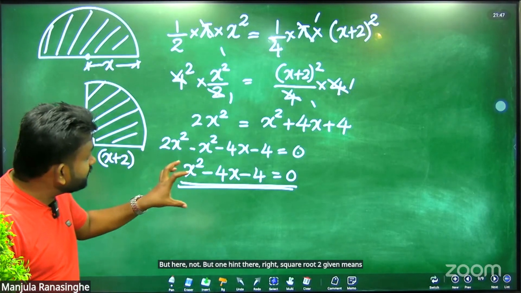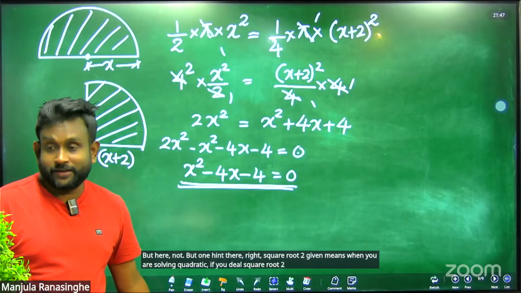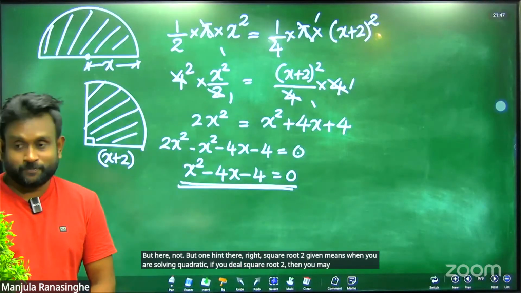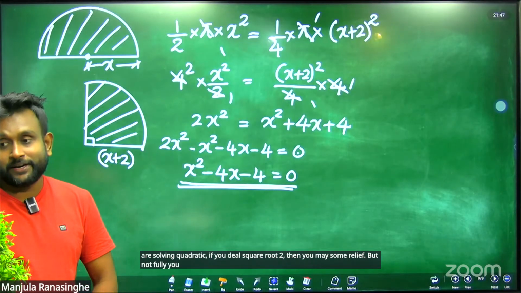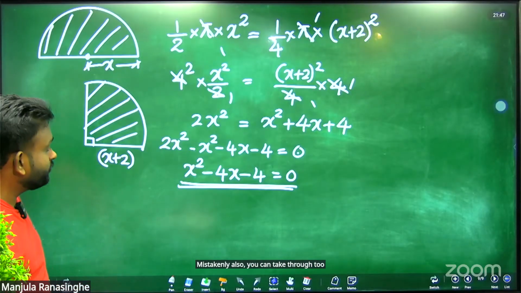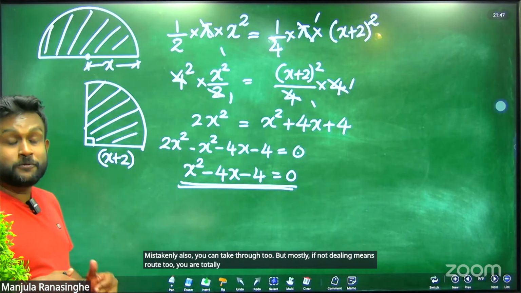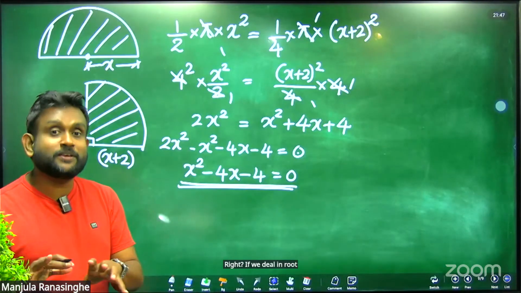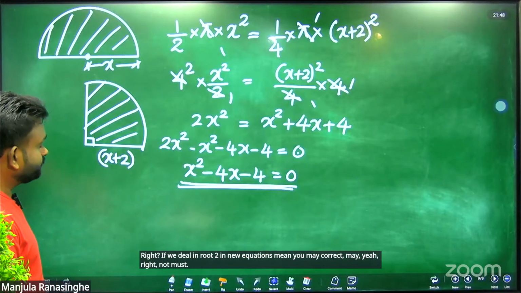When you are solving the quadratic, if you get square root 2, you may get some relief, but not fully that the answer is correct. Mistakenly you can also get root 2. But mostly, if root 2 does not appear, you are totally wrong. If root 2 appears in your answer, you may be correct. May, not must.